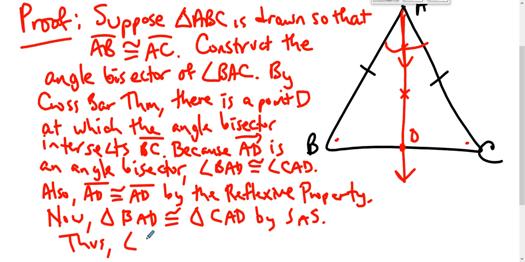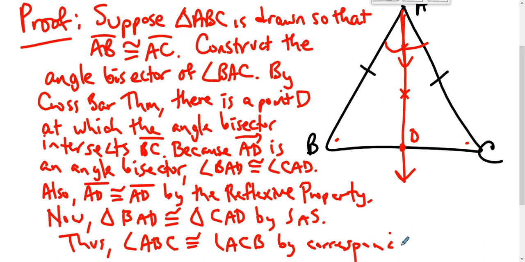Thus, angle ABC is congruent to angle ACB by correspondence. When you were in high school, they would have said corresponding parts of congruent triangles are congruent.